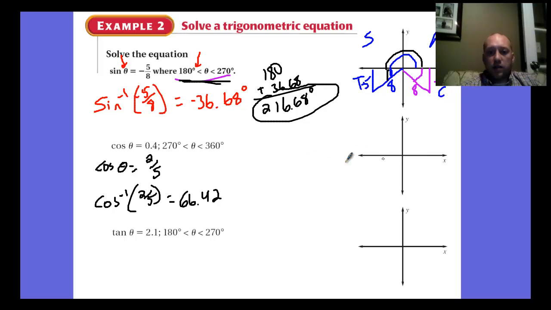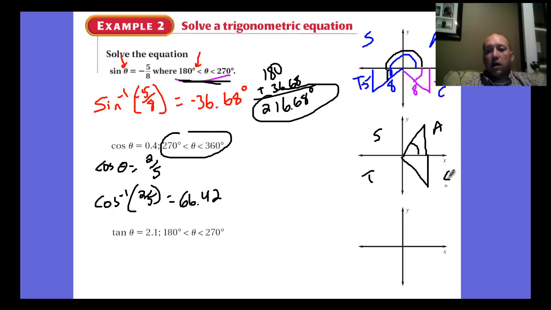And so where's 66.42? That's going to be up here. 66.42 is that triangle. But what angle do I want? I want the angle between 270 and 360. So I want the angle in the fourth quadrant. So I can make a mirror image or reflection. If you think about all students take calc, cosine is still positive there, so it works.